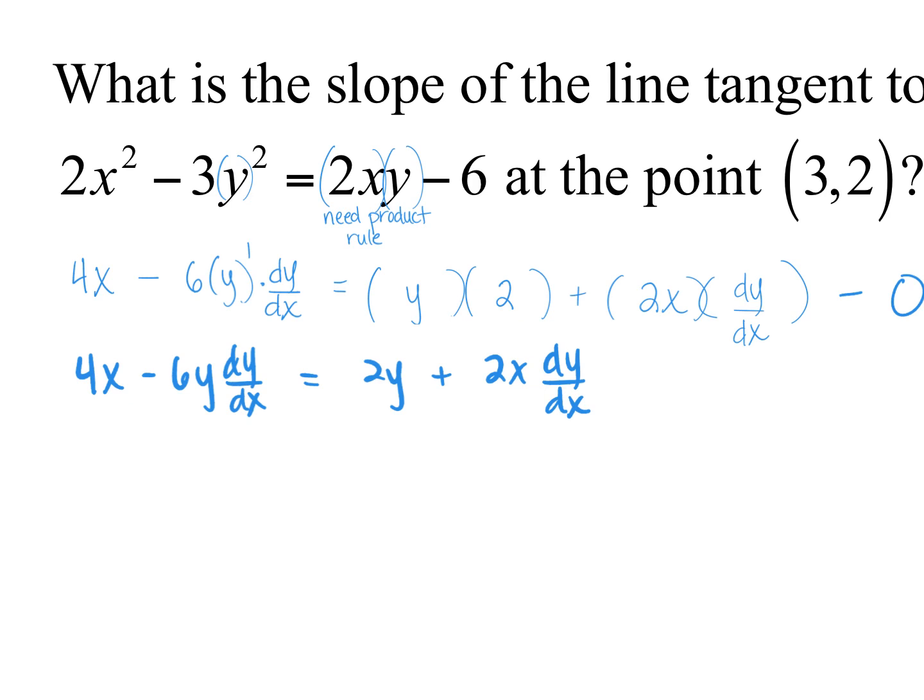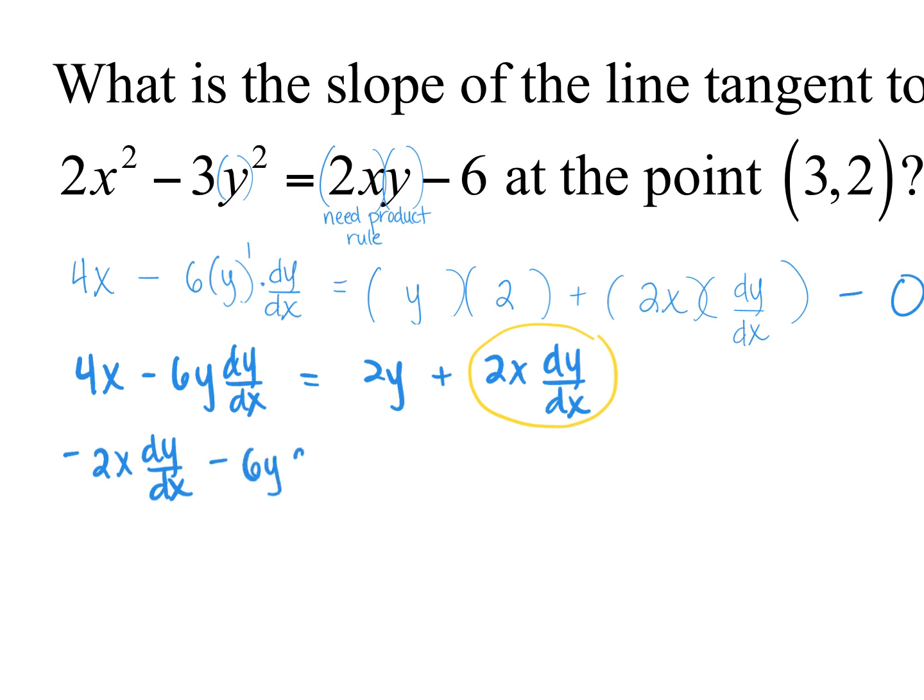Then I'm going to take everything that has a dy dx and get it on the same side, and everything that doesn't have a dy dx, get it on the other side. For me that is going to look like negative 2x dy dx. I just subtracted and moved this term to the other side.